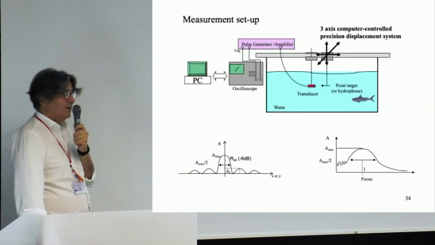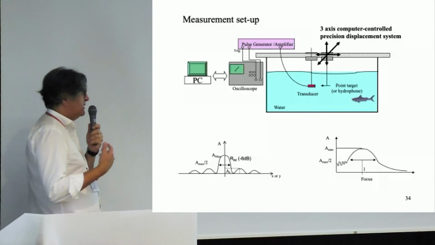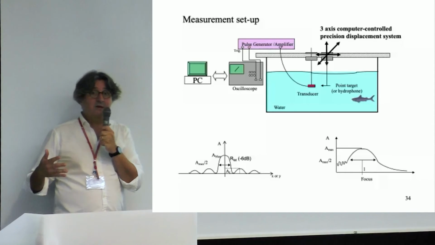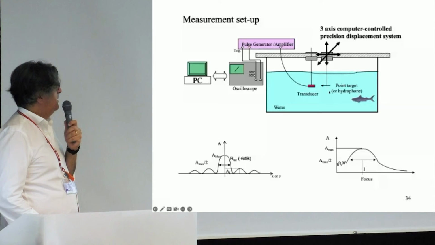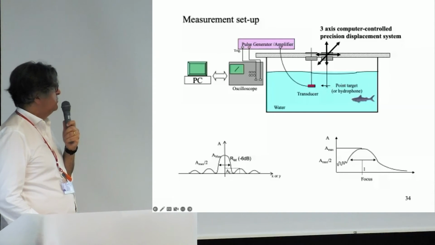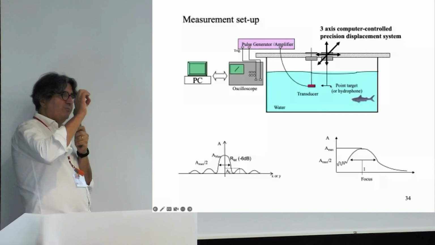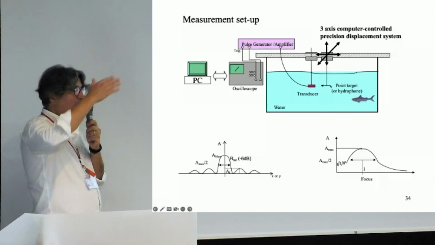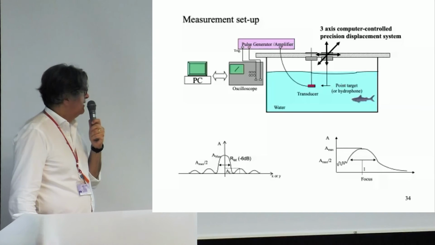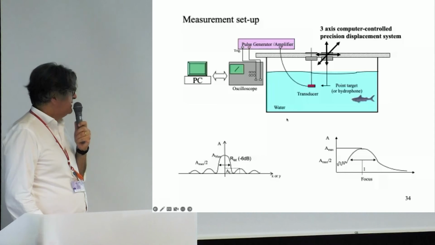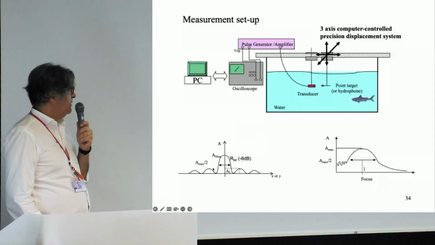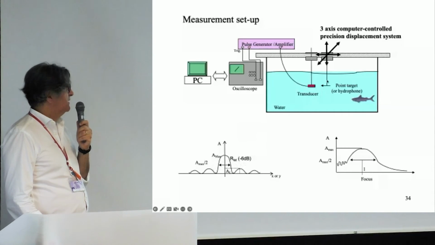And of course, to measure the radiation pattern of a transducer, it is always the same basic principle, except that here you have a target, what we call an acoustic hydrophone, that will measure the pressure locally, and you will make a cartography of the field generated by your transducer. What you will look for first is the lateral resolution, which is given by the minus 6 dB width of your transverse field.